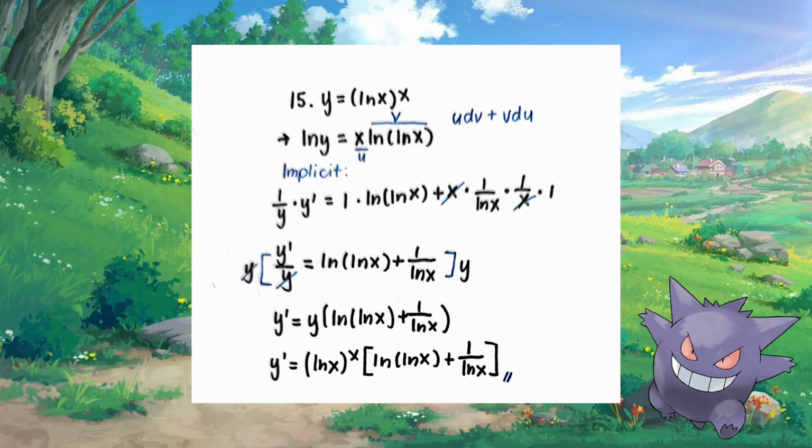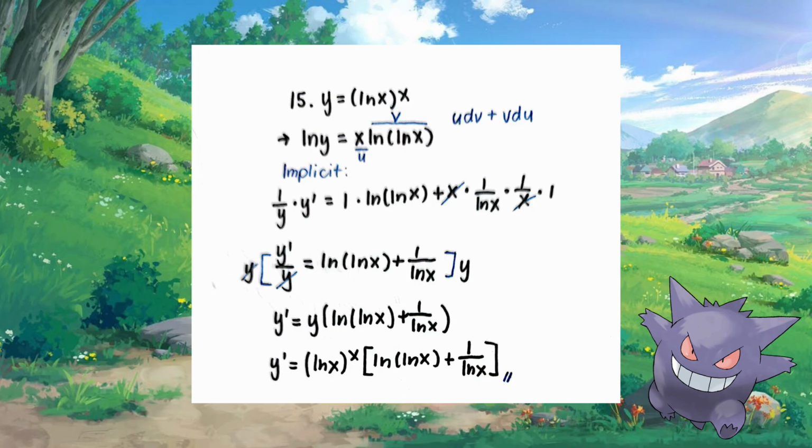And then, simplify. 1 over y times y prime is equals to y prime over y, and right side, 1 times ln of x is equals to ln of x plus x times 1 over ln of x times 1 over x times 1. We can see here that we have a denominator x and we have an x on the other side. We can cancel out these two x's, and then what remains is 1 over ln of x.